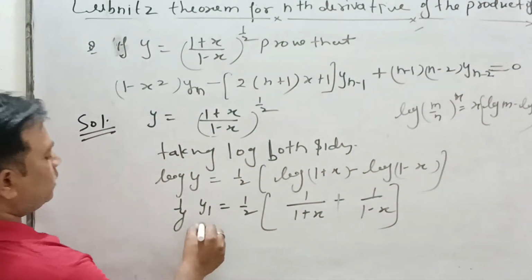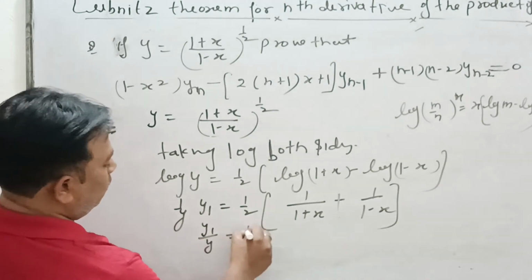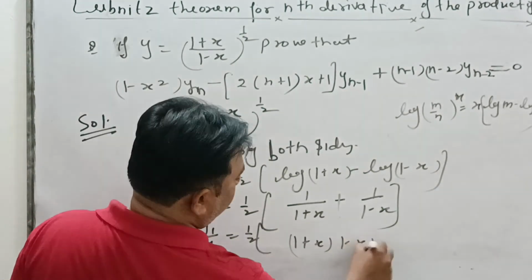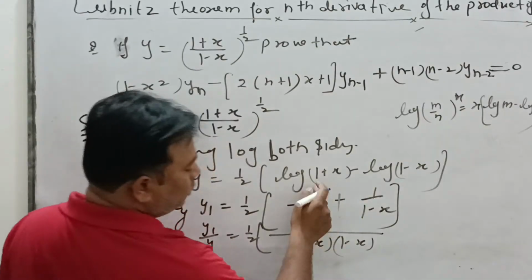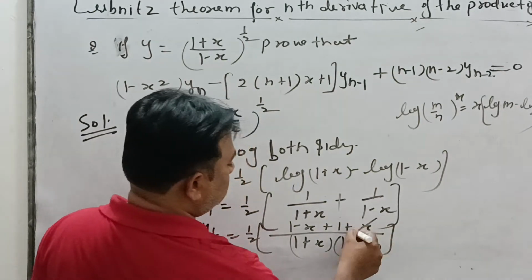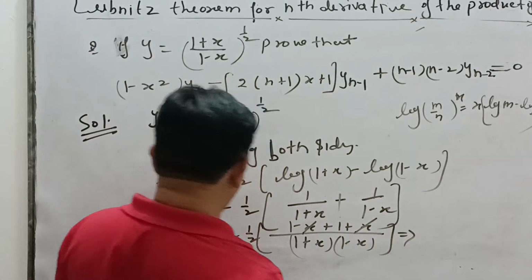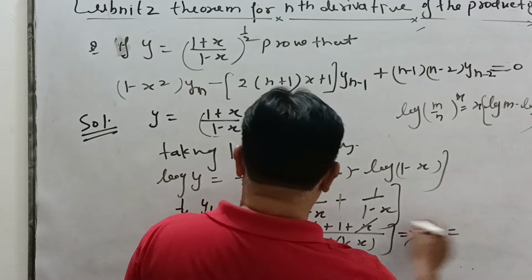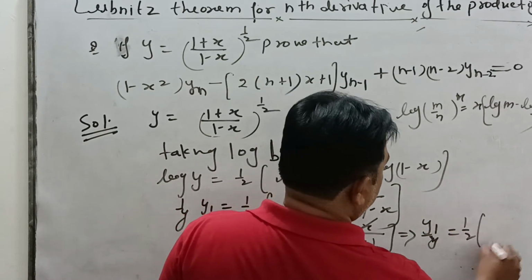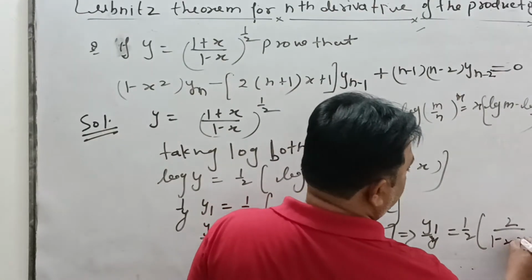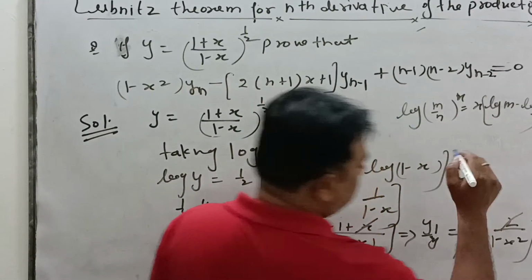Now solve this: y1 upon y equals 1 by 2, LCM of 1 plus x and 1 minus x, cross multiply: 1 minus x plus 1 plus x, cancel out. This implies y1 upon y equals 1 by 2 into 2 upon (1 plus x)(1 minus x), which is 1 minus x square, cancel out.